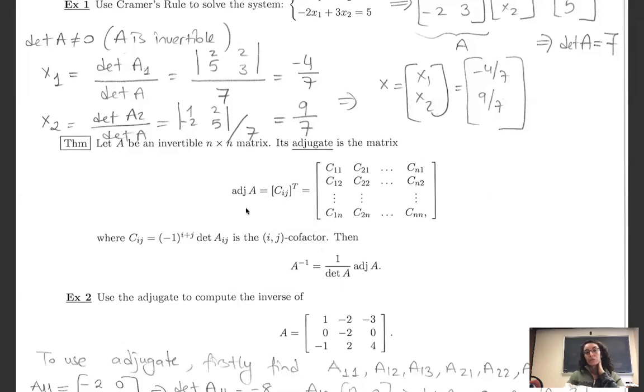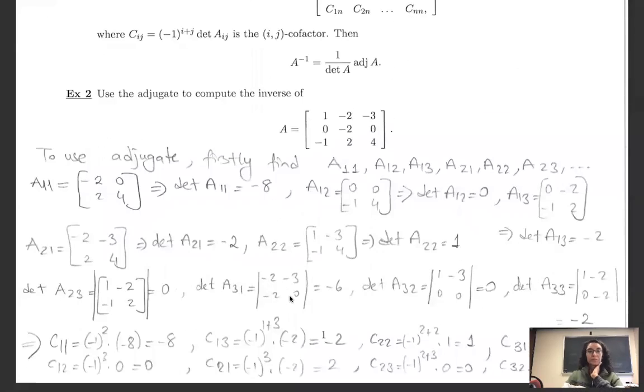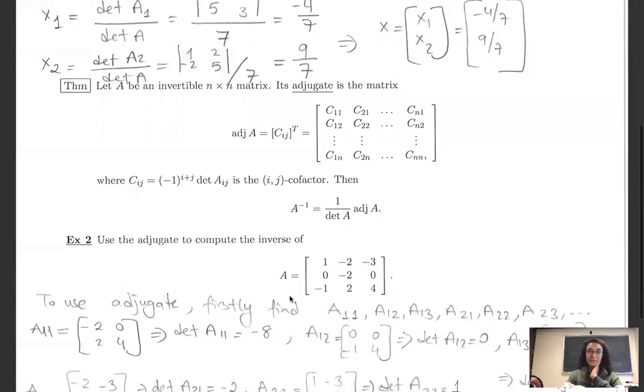And by using the adjugate matrix, we can also find the inverse of the matrix, if it's invertible. So the inverse of this matrix is defined as 1 over the determinant of A times the adjugate of A. As an example, of course, it's a long process.